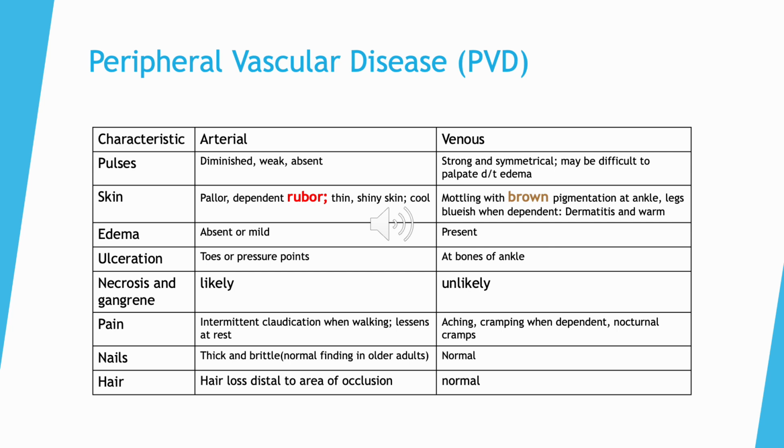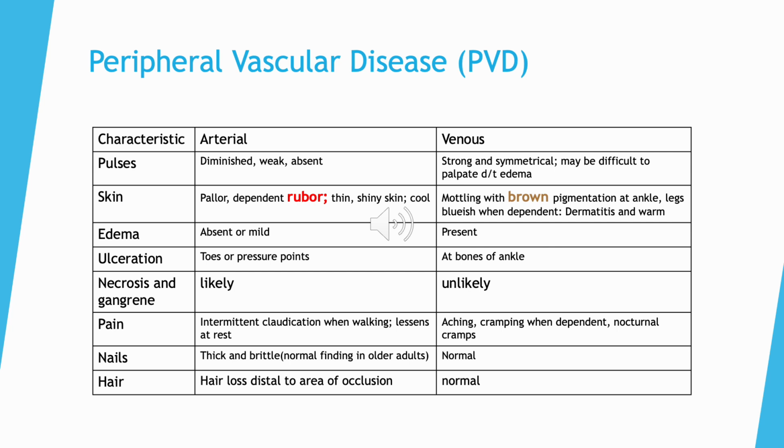Whereas with venous, they'll have a strong and symmetrical pulse. And remember, the amplitude we like to see is +2. That's a normal amplitude, or I should say strength of a pulse. So that's what we're trying to look for. And then when it comes to skin color, with arterial, their limb is going to be pale.